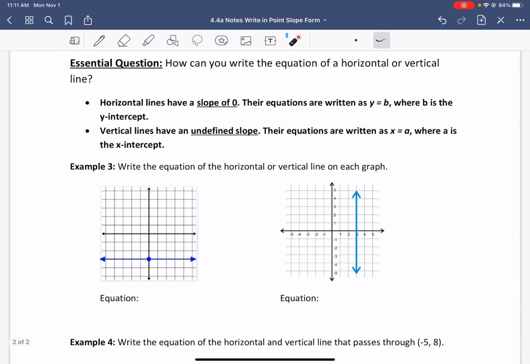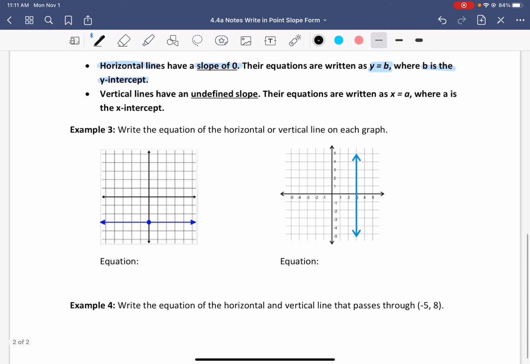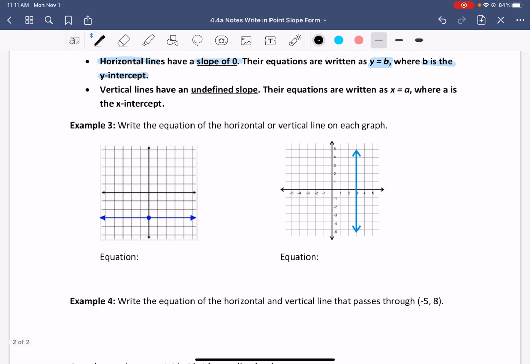All right, last question. How can you write the equation of a horizontal and vertical line? Horizontal lines have a slope of 0. Their equations can be written as y equals b, where b is the y-intercept. So like this first one, it's a horizontal line, but we also know that because it only intercepts the y-axis.